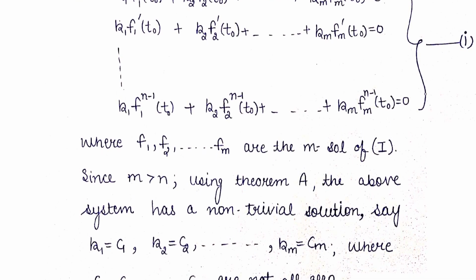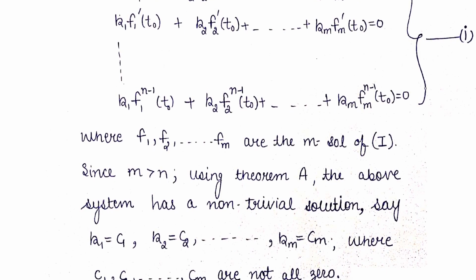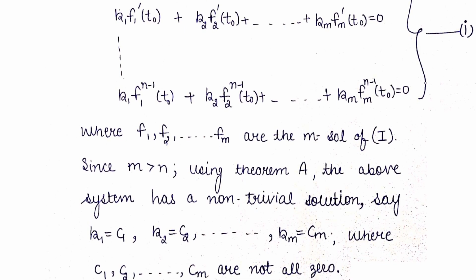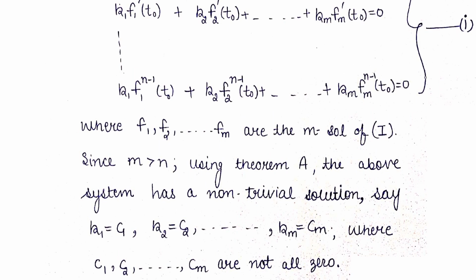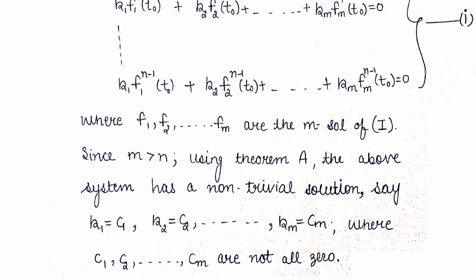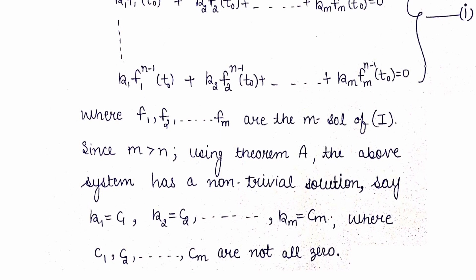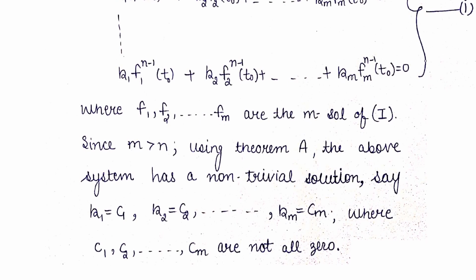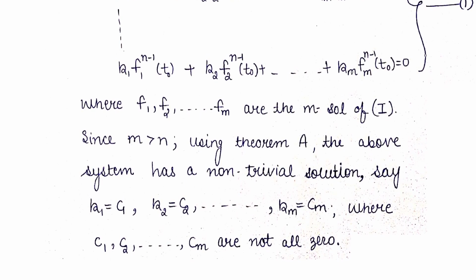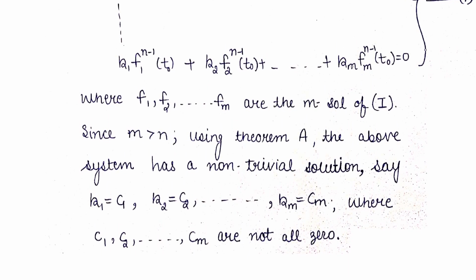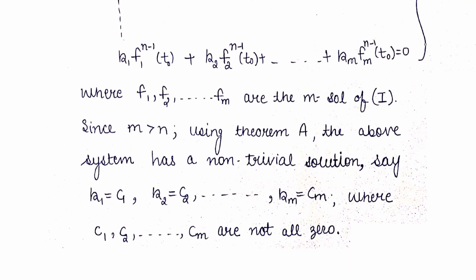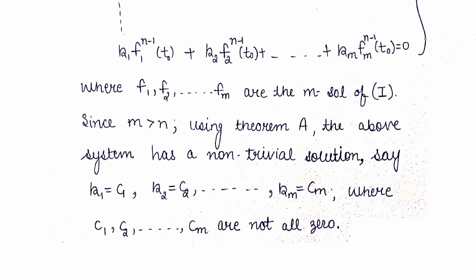By a non-trivial solution, we mean that there exist C1, C2, Cm such that K1 is equal to C1, K2 is equal to C2, Km is equal to Cm, and where C1, C2, Cm are not all 0 because it is a non-trivial solution.